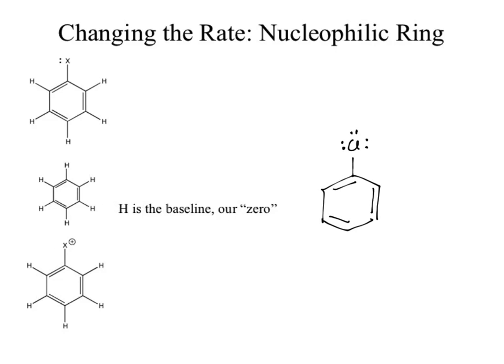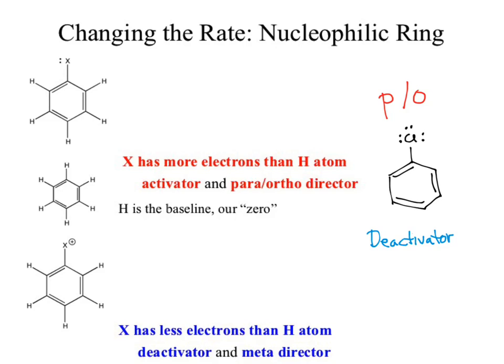Okay. Spend 2 minutes, talk to the people around you, decide: activator, deactivator, para-ortho. The size. What does the size have to do with it? Can't do resonance with it. Yes. Because it's so large, we don't get very good resonance overlap, which means those electrons cannot make it into the ring, which means no activation.